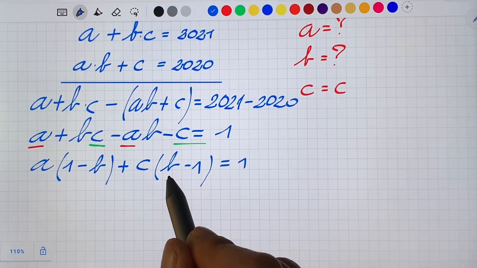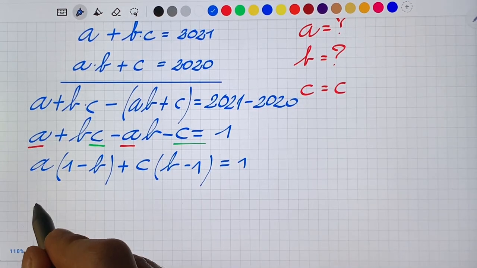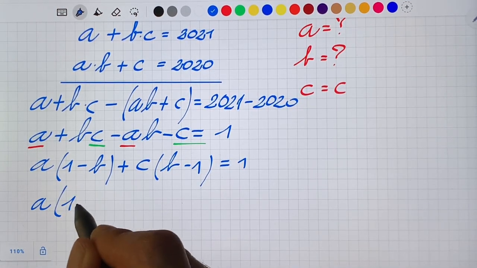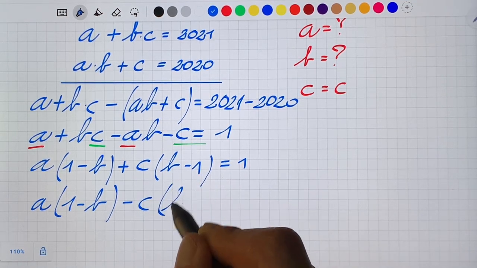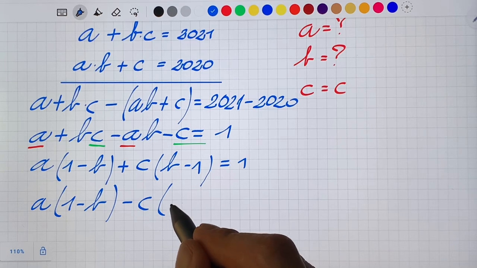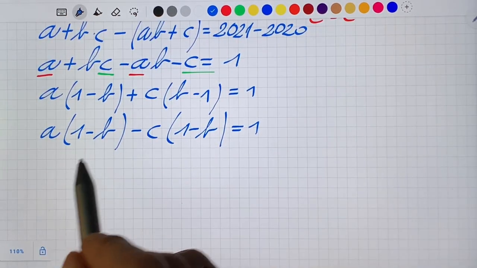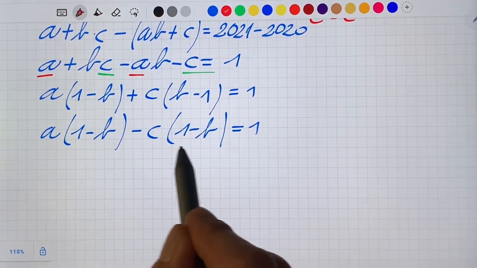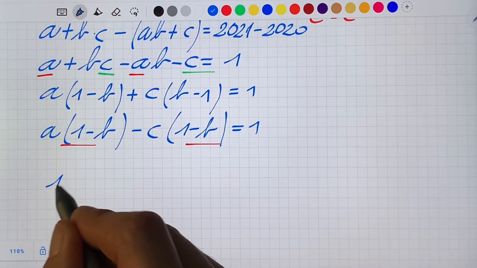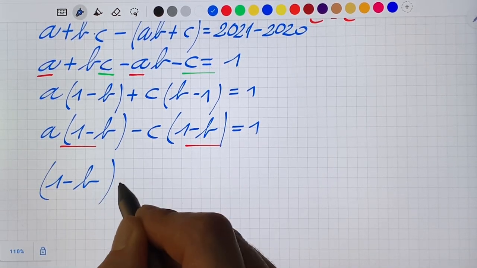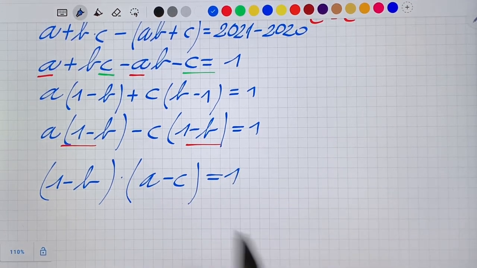In order to have 1 minus b, I will put minus here, so a that multiplies 1 minus b, minus c that multiplies 1 minus b, is equal to 1. And again, I will take out the common factor, 1 minus b. So 1 minus b that multiplies a minus c is equal to 1.